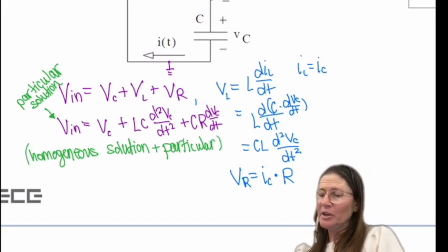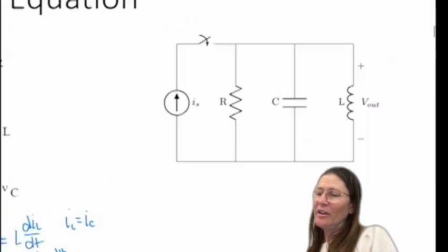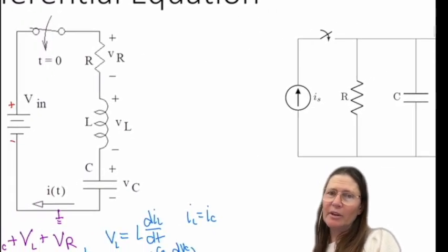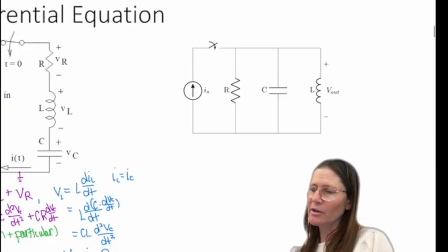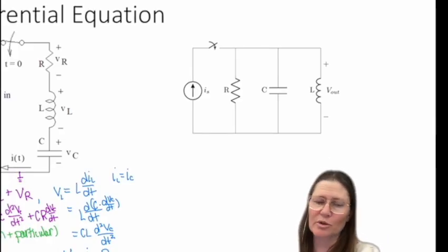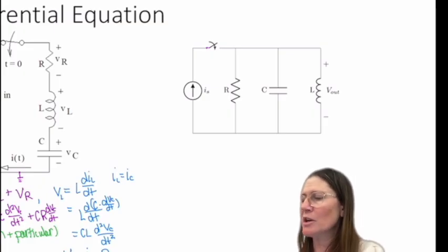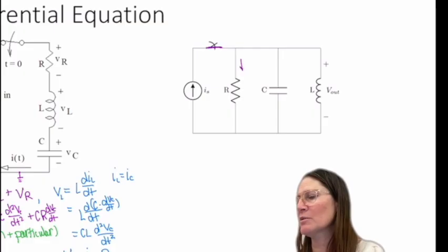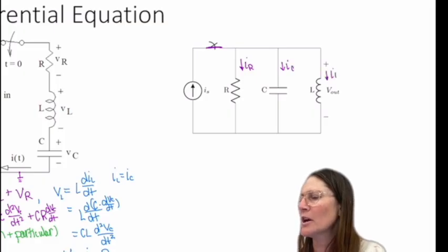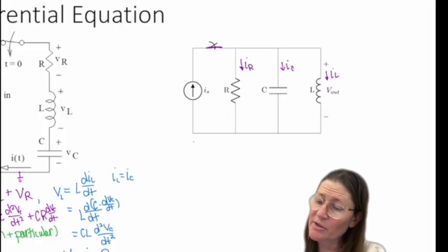All right, so these are in series, and if you have them in parallel, you can do a similar solution. Here we would have IR, IC, IL, and so we can do a current summation.